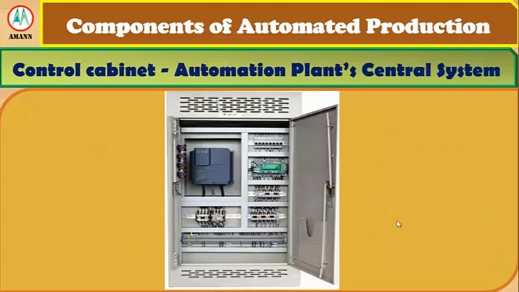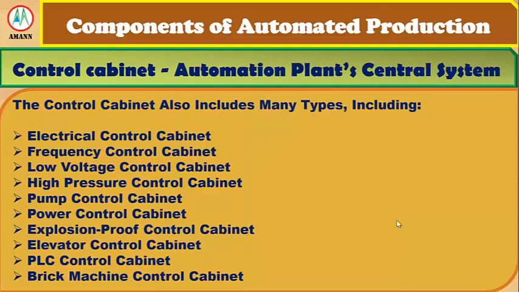Then we have control cabinet, that is known as automation plant's central system. The control cabinet also includes many types, including electrical control cabinet, frequency control cabinet, low voltage control cabinet, high pressure control cabinet, pump control cabinet, power control cabinet, explosion proof control cabinet, elevator control cabinet, PLC control cabinet, brake machine control cabinet.